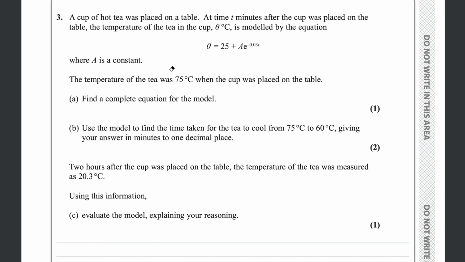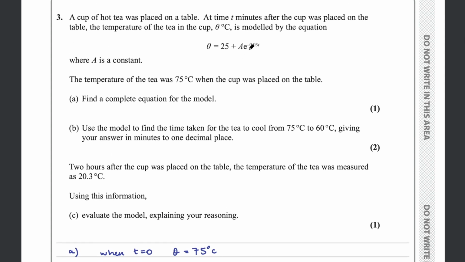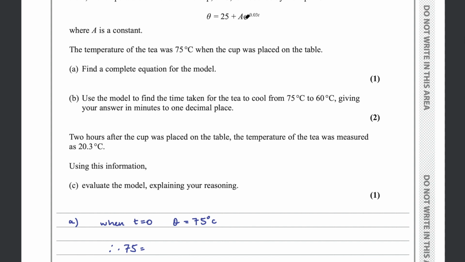Okay, so using that information, we can go ahead and solve for this constant a. So we can say for part A, when t equals 0, theta will equal 75 degrees centigrade. So therefore 75 equals, and now let's have a look again at the expression. So if t was 0, e to the power 0 would just be 1.